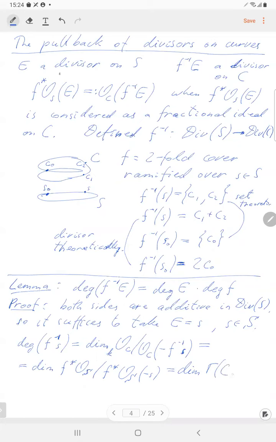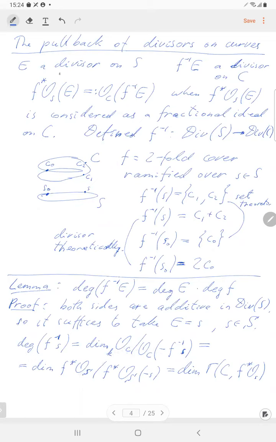Excuse me, please, how was the second to last transition made? Is it just by properties? You mean because the structure sheaf of C is the pullback of the structure sheaf of S, just by definition. Thank you.